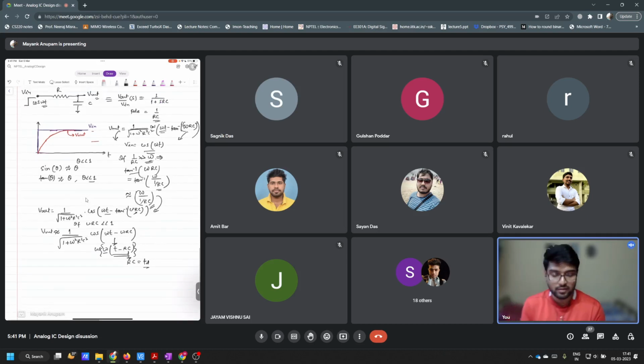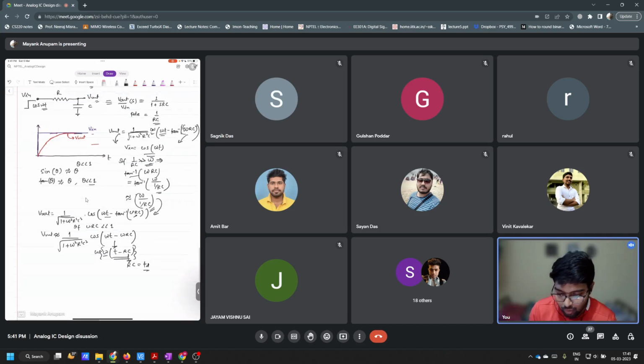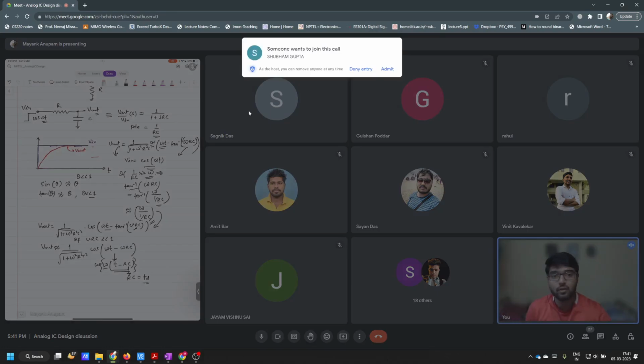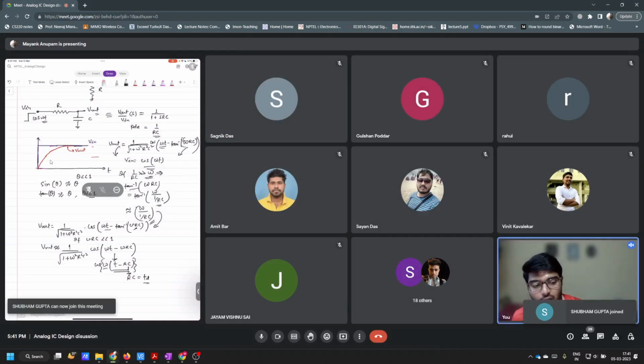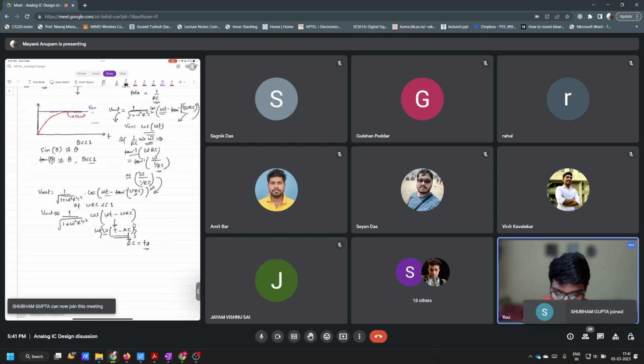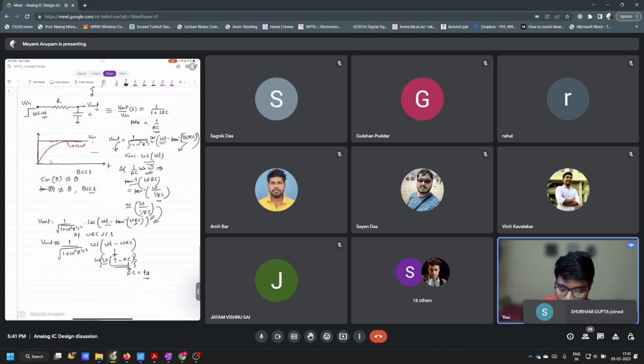So a pole in the system can behave like a delay. It behaves like a delay when the pole frequency is much lower than the frequency at which you are giving the input. Then you can model it in terms of the delay. You can say that the system is delayed by that much time.